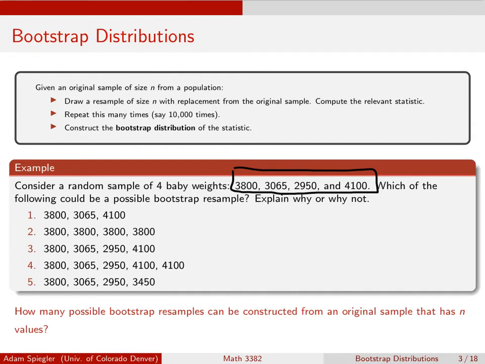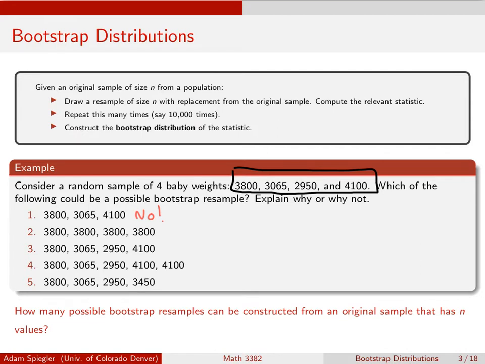The value 3,800 was picked and put back in. We pick a second value, 3,065, put it back in, and then pick a third value, 4,010, and then we stop. The problem is that our original sample had 4 values and this bootstrap resample only has 3, so that's a no. Our sample should have the same number of values as our original sample.